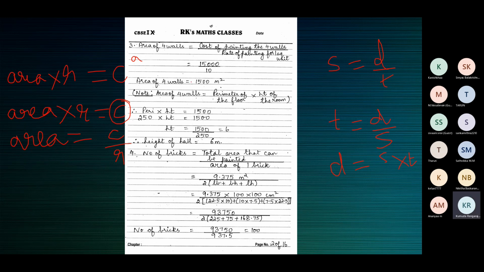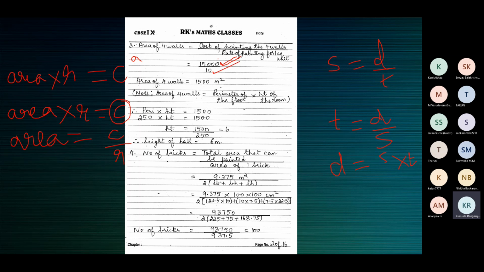Area of the 4 walls is equal to cost of painting the 4 walls by the rate of painting for 1 square unit. So you have spent 15,000 rupees to paint the 4 walls. And the rate for 1 square unit, or 1 meter square, is 10 rupees.